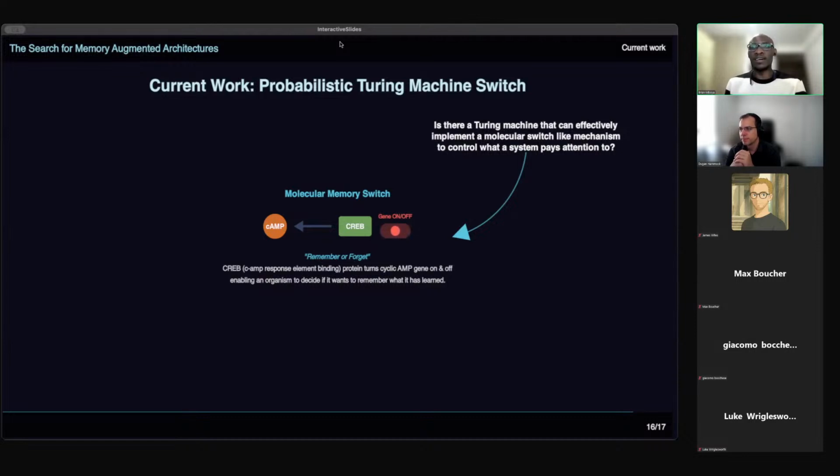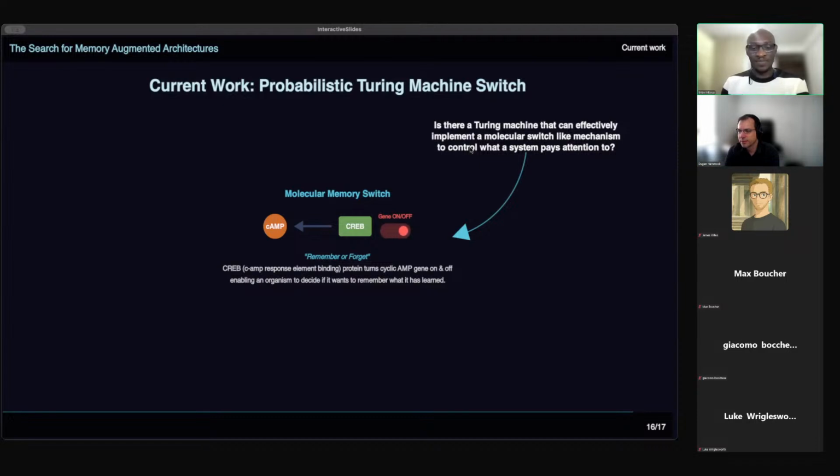But I think the probability of the value should just be encoded in what the system does. It could be random. Yeah, it's something that I want to explore. That's interesting.